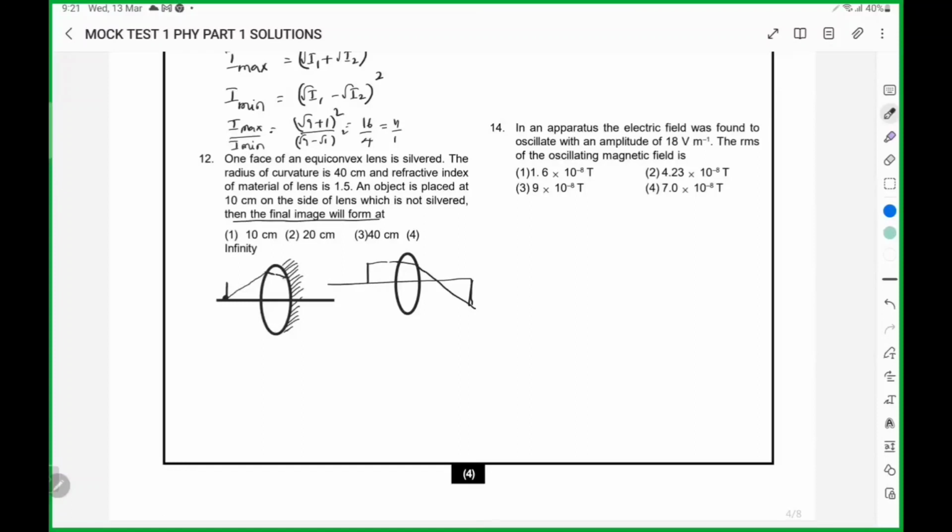Then somewhere again refraction occurs, and somewhere we get an image here. So that means here two successive refractions and one reflection take place.